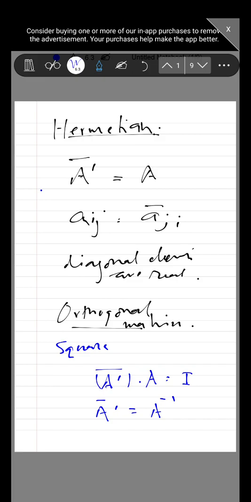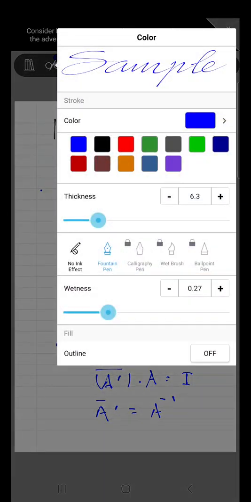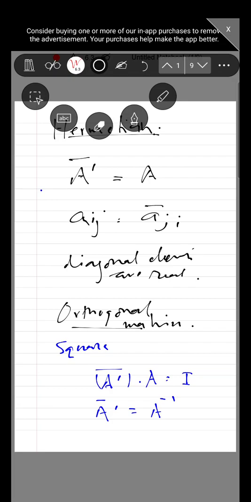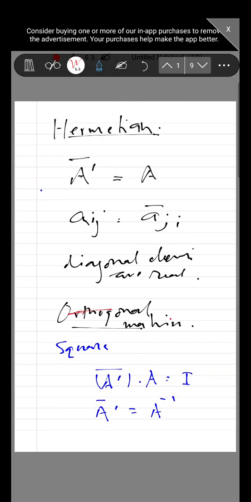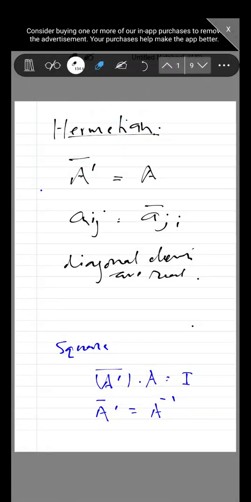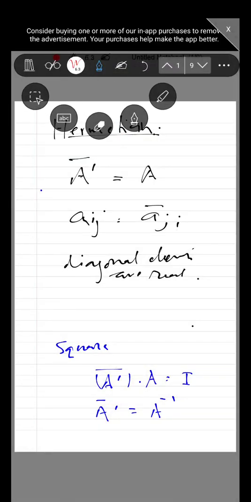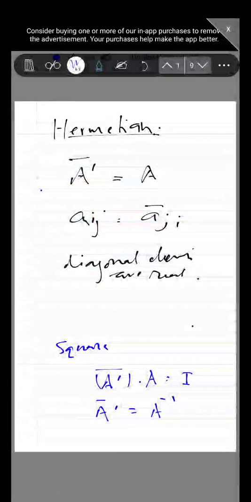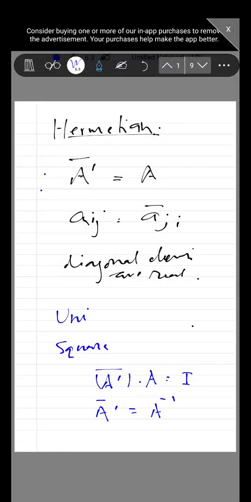Oh, I'm sorry, this is the unitary matrix, not the orthogonal matrix.